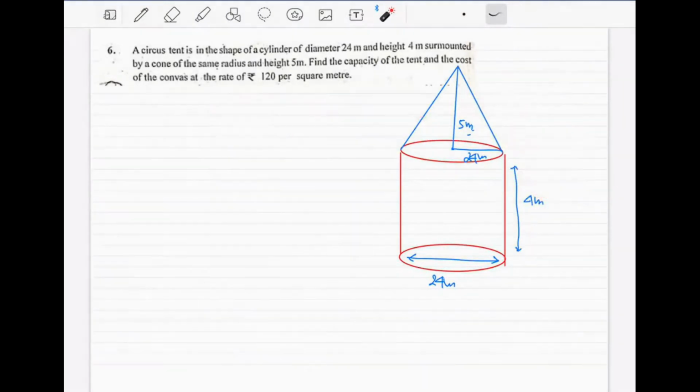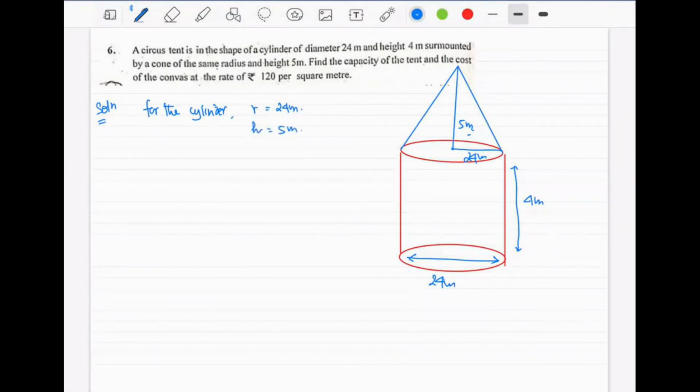So that's our strategy. Let's write down what is given for each figure first. For the cylinder, the radius is 24 meter. The height is 5 meter. We need only the radius and the height.